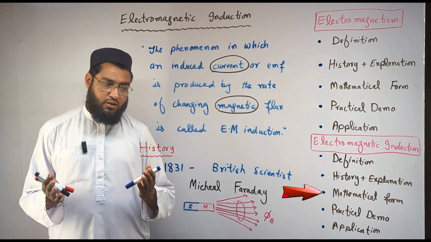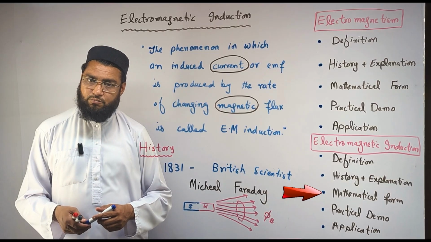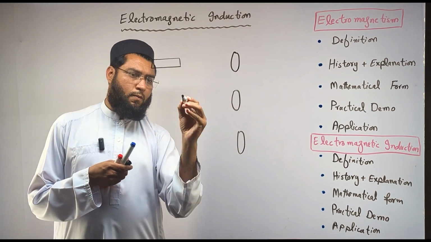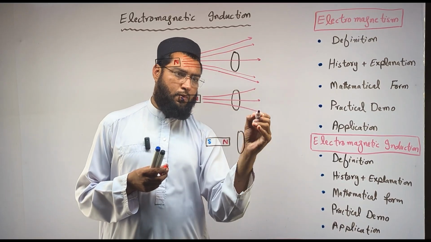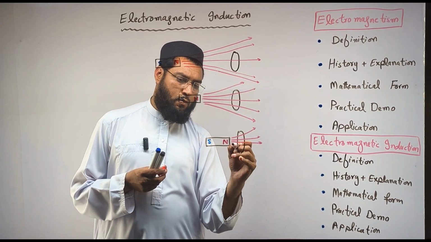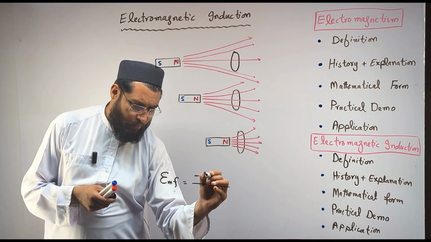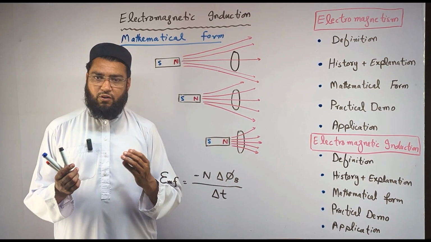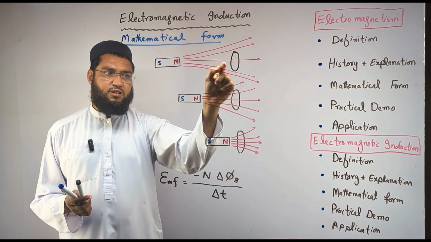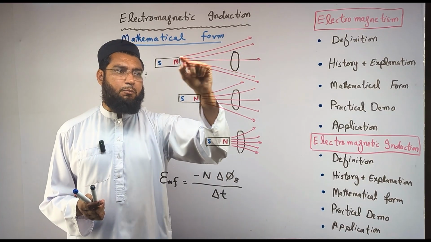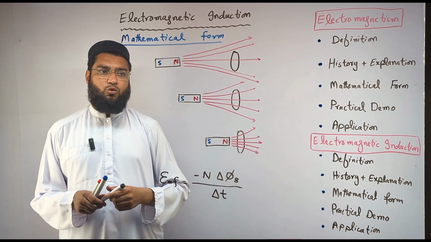For more information, let's go to the mathematical form. For the mathematical form, we have a diagram. This is the magnet, this is the coil, and these are the flux lines.